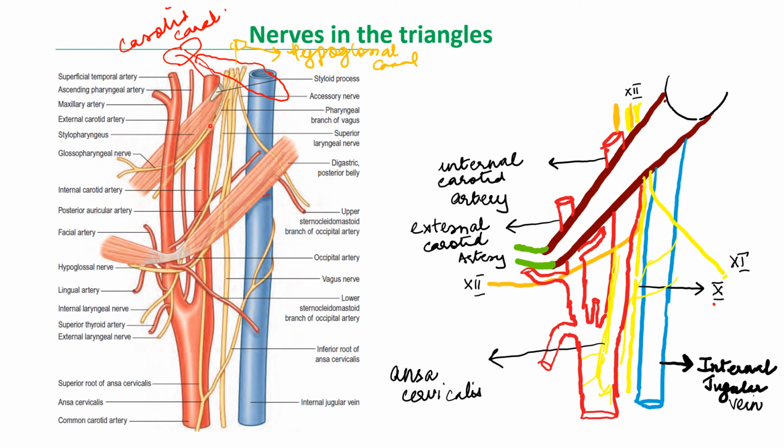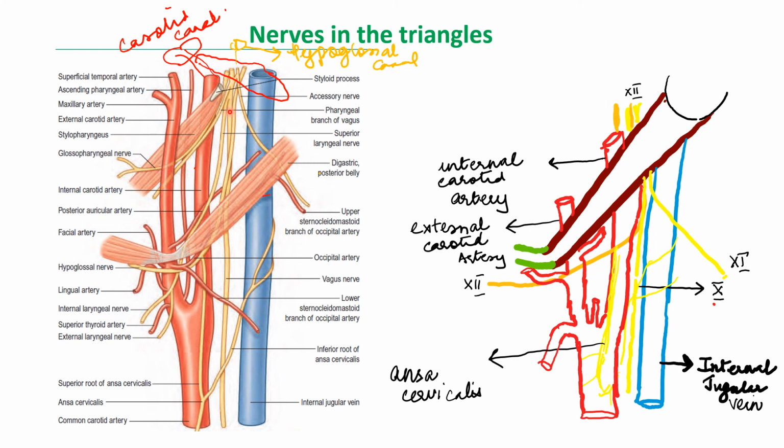It moves with the stylopharyngeus, in between the internal carotid artery and the external carotid artery, and goes on to the area of the pharynx, to the posterior surface of the tongue.